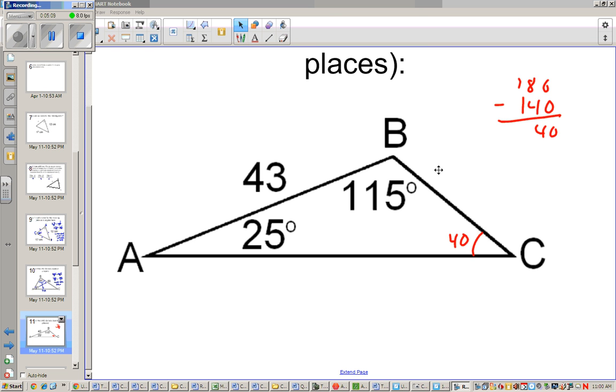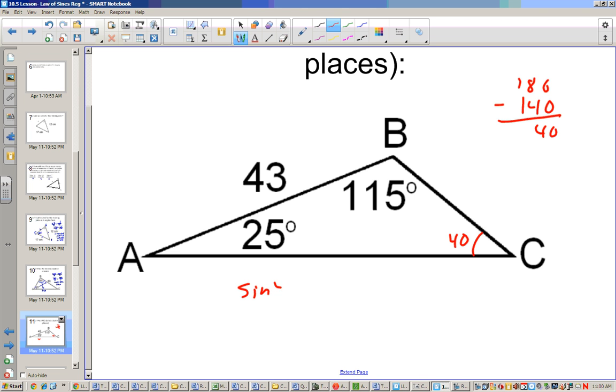All right, so now we can set up our law of sines. Sine of 40 over its opposite side, which is 43. Now if we want to find AC, that's this one down here, so we'll do 115 and AC. So that would be the sine of 115 over its opposite side, we can just call it x.